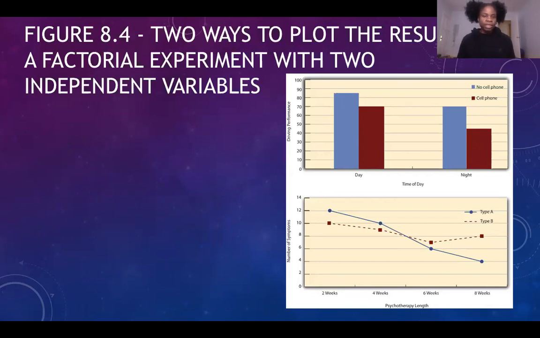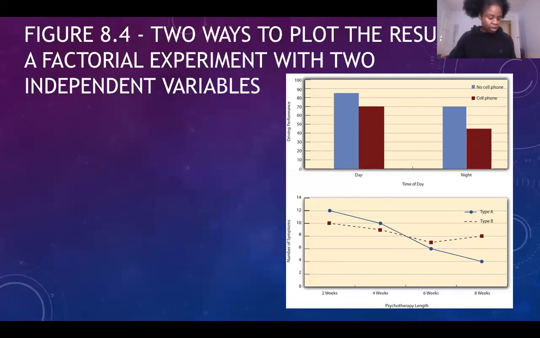So here we have figure 8.4. You can find this figure on page 144. This is showing the results for a hypothetical factorial experiment.